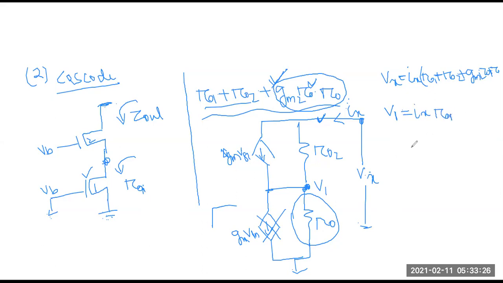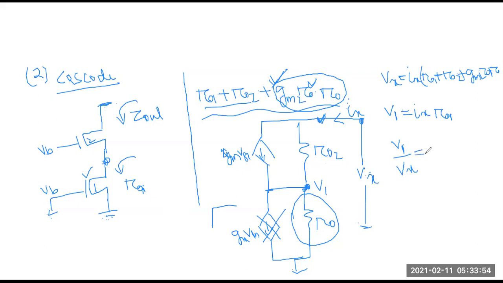Now see, suppose we are fluctuating this point but we are checking this point. That means this is input and this is output. We are fluctuating that point and checking how much the fluctuation will be here. So the gain is Vout by Vin, which is V1 by Vx. This is the gain of this part.